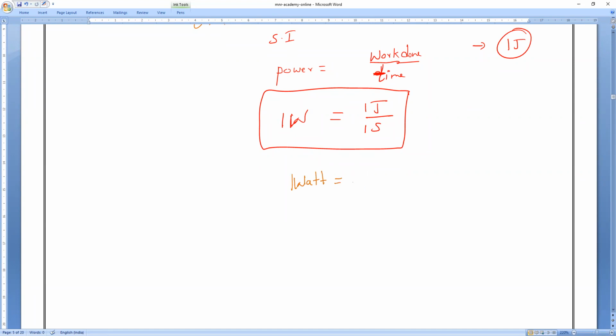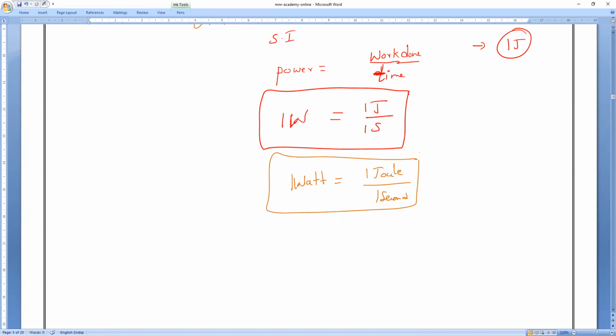Can I prove it? So 1 watt is equal to 1 joule per 1 second. Means if anybody does 1 joule of work in 1 second, then what is the power of the body? 1 watt.